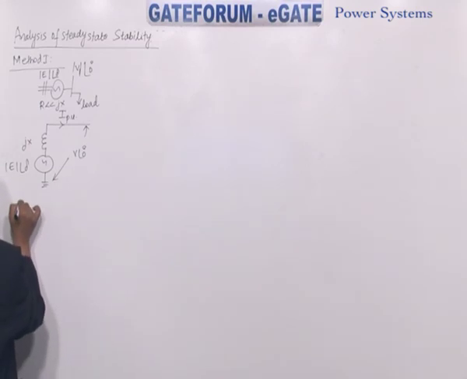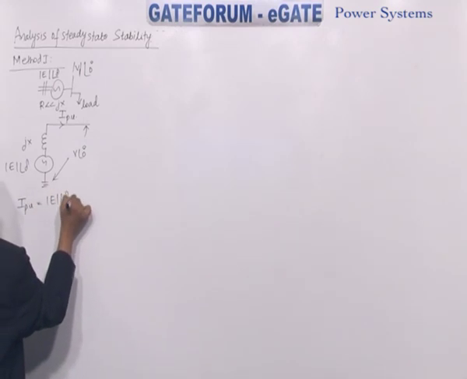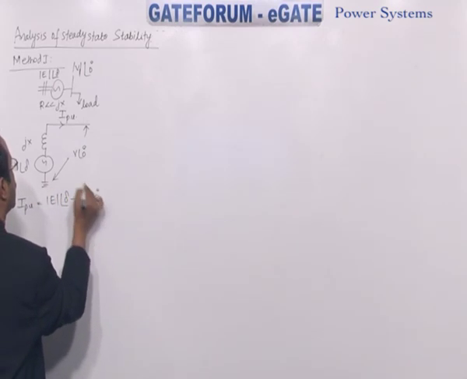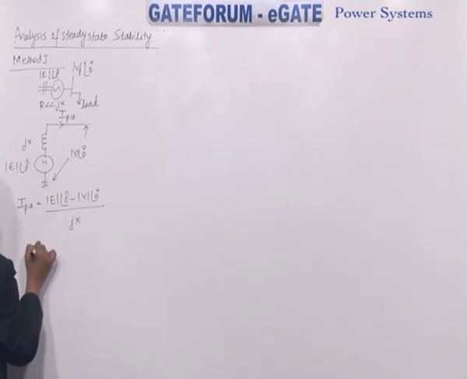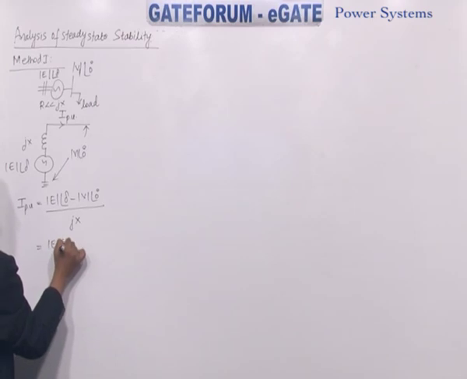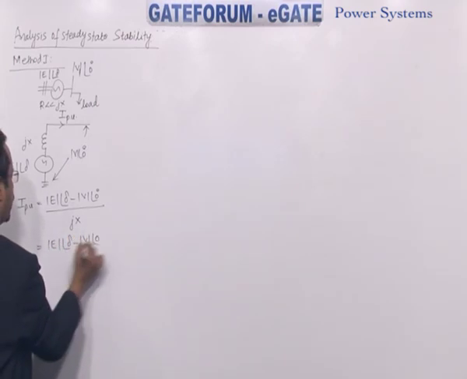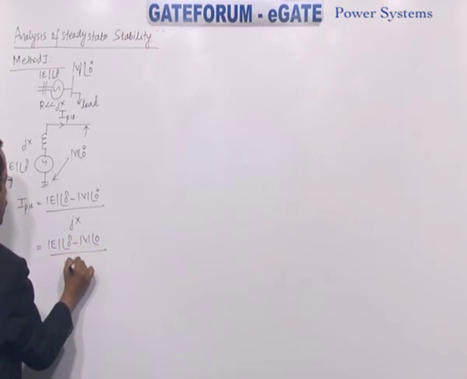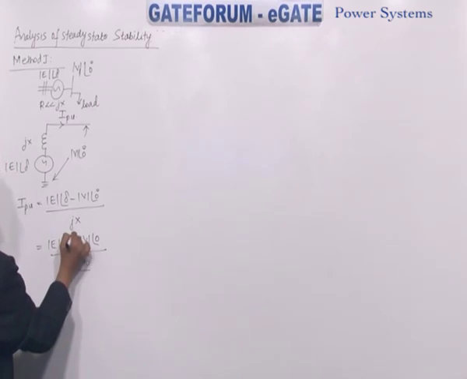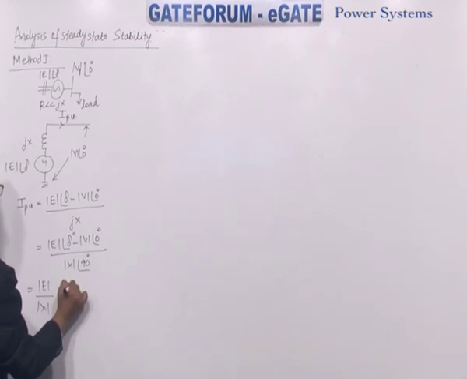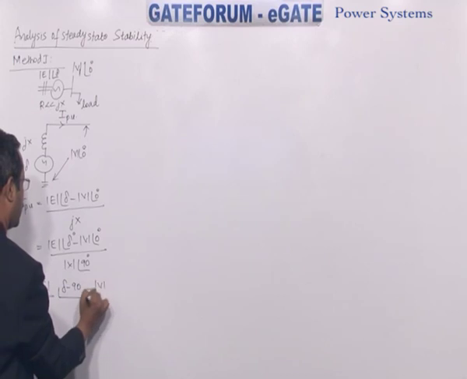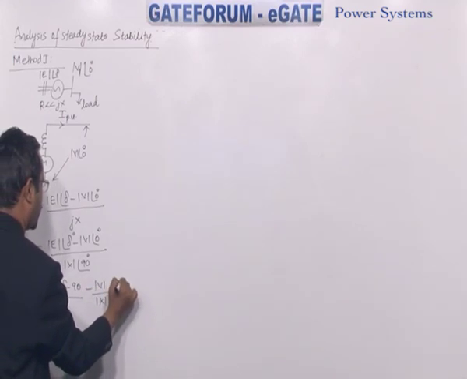So what is the current flowing from source to load now? The difference in potentials divided by the reactance jX. So E at angle delta minus V at angle 0, divided by X at angle 90. So how much do you get? E by X at angle delta minus 90, minus V by X at angle minus 90.